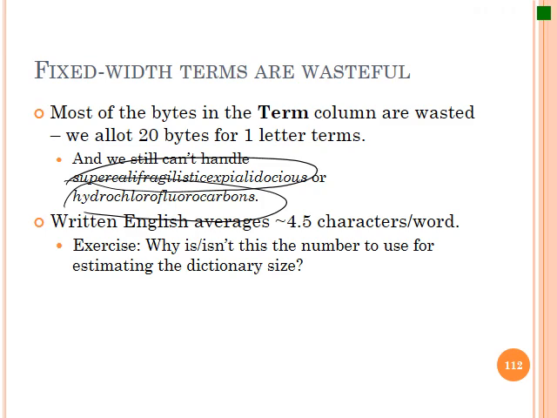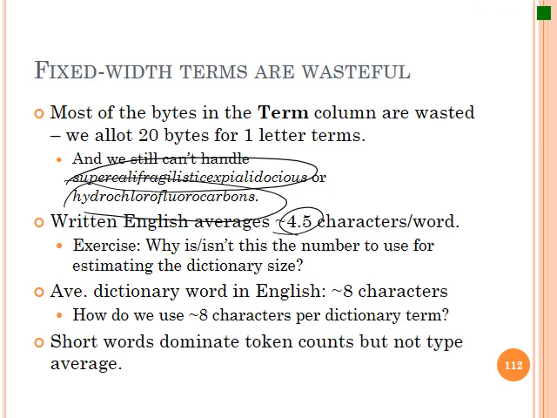So how should we do that? On average, a word in English is 4.5 characters, but we cannot use this either, because you will not have enough space to store many long tail words. Short words dominate the token count, but not the type average.